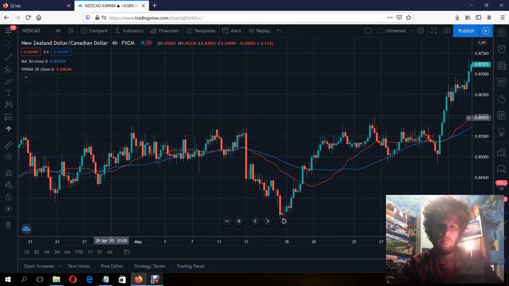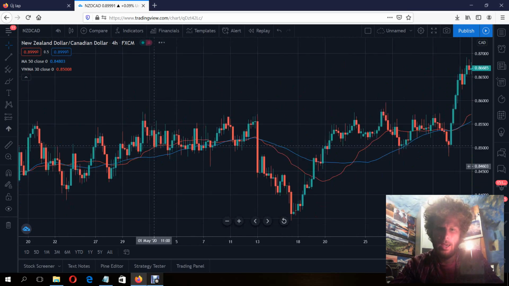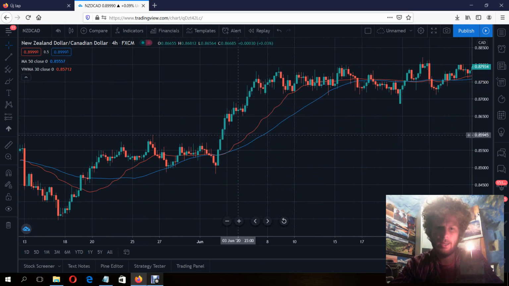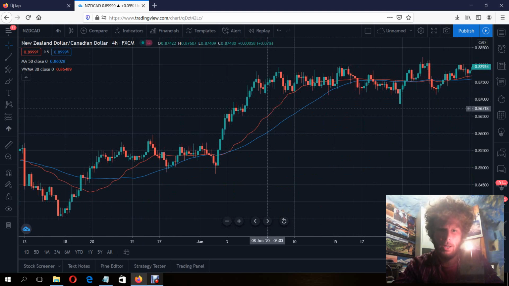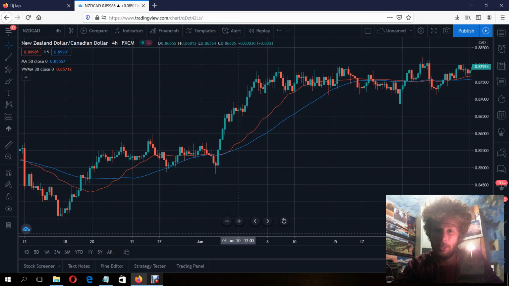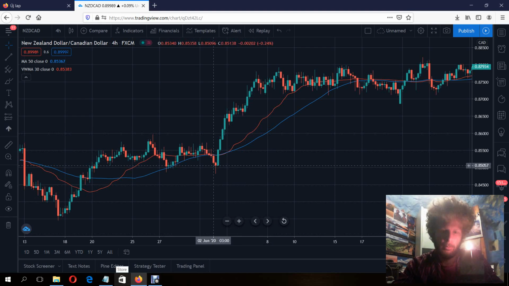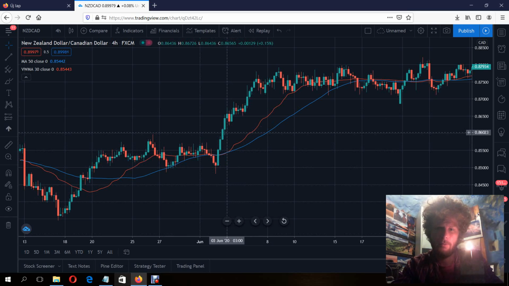First we will look at the emerging trends, and with this strategy you can spot an emerging trend when the volume weighted moving average, which is the red one, crosses above the simple moving average and the price has just broken through the two moving averages in the upside direction if we want to go long and it is a long trend.